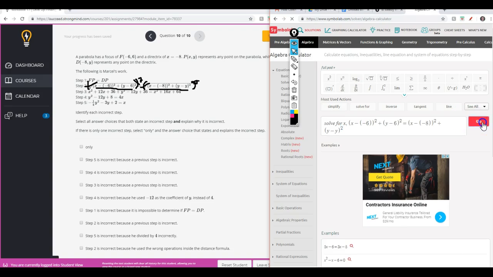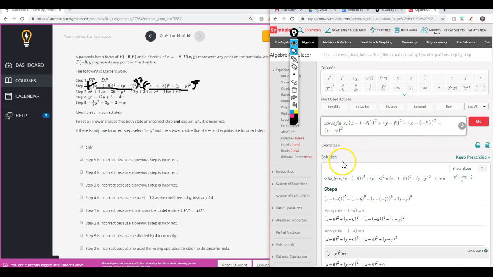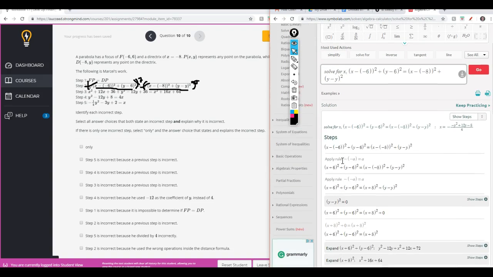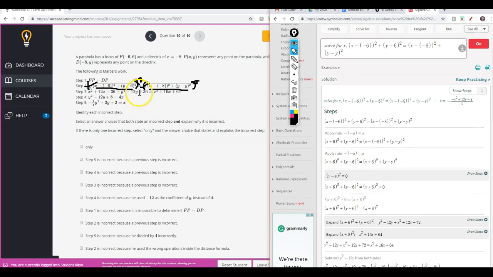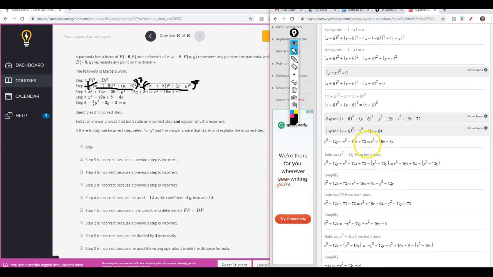So then if we click solve for, I know what I'm looking for in step 3 because it's in completely expanded form. I would come down here and check that the x minus a negative 6 did change to x plus 6, and that x minus a negative 8 did change to x plus 8, so that's where they got those two.